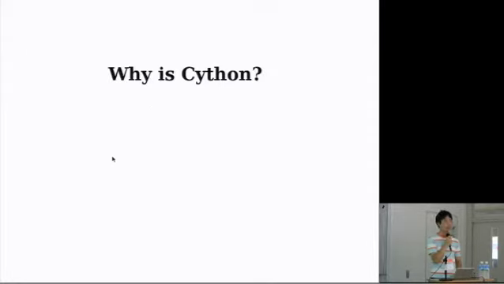Because if we use the Python C API, the API of CPython, it's very hard to handle things like type translation or resource management. It's very hard to do, so we use Cython, and it's easier to maintain than C or C++.